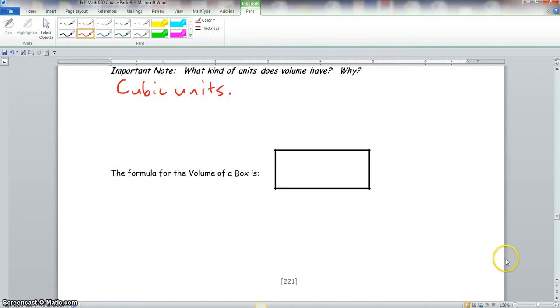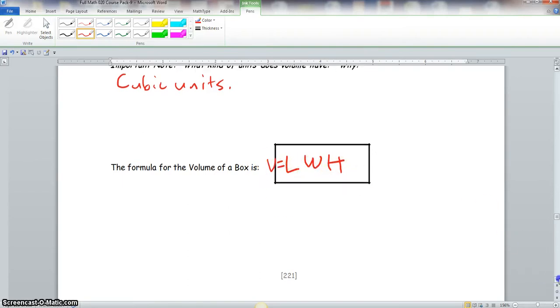Like the volume of a box, which we'll talk about here, is actually length times width times height. And you can write V equals. So the volume is equal to length times width times height.